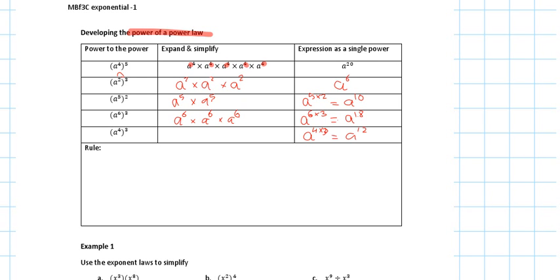Okay? So when I have power to the power, I keep the base, and then multiply the exponents.